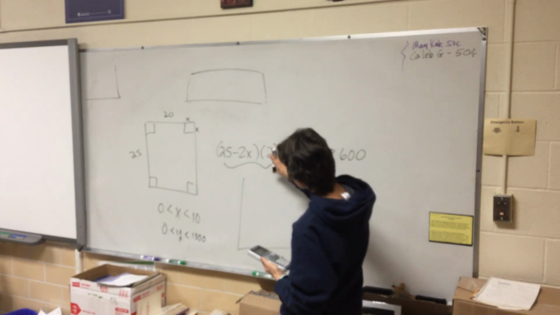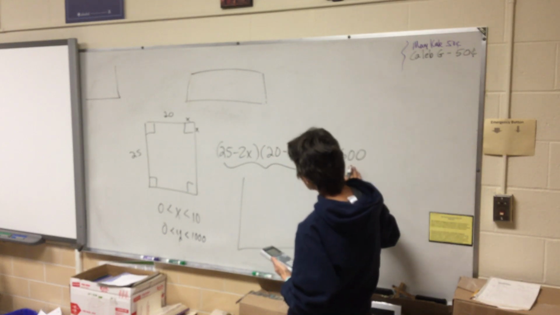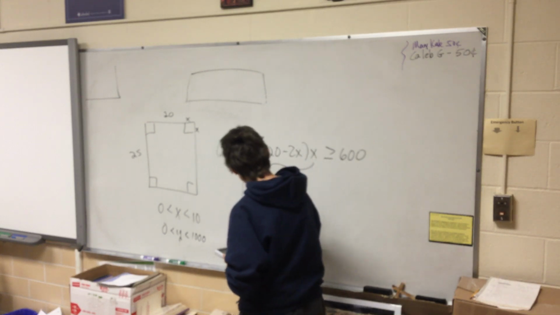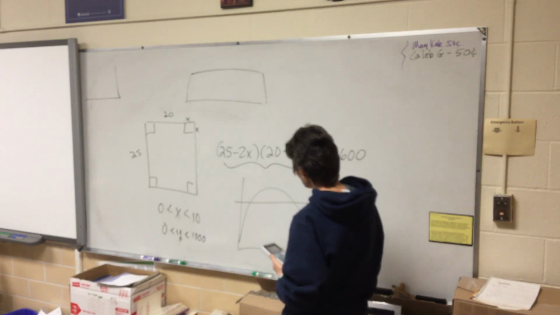But putting in the left side of the equation as one equation and 600 as the other equation, I ended up with the same kind of thing I always end up with. Something like this.